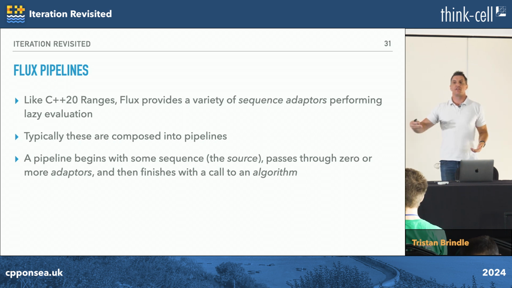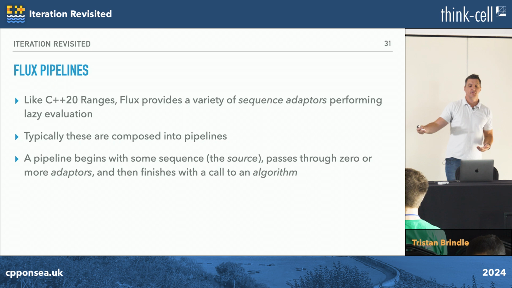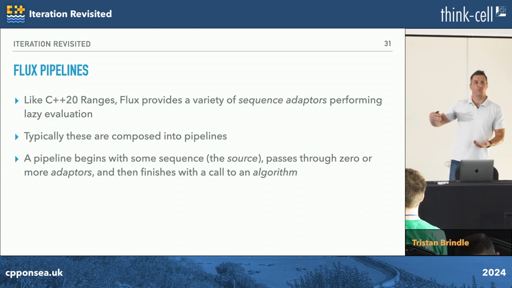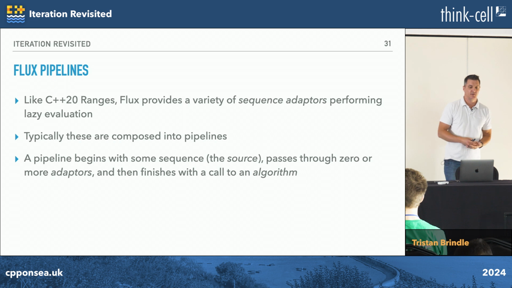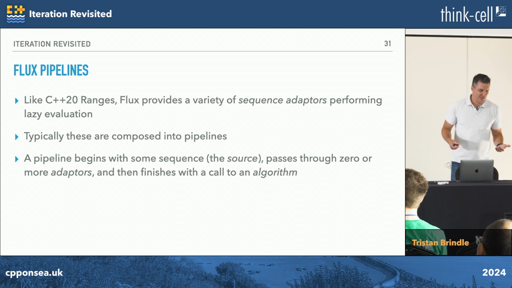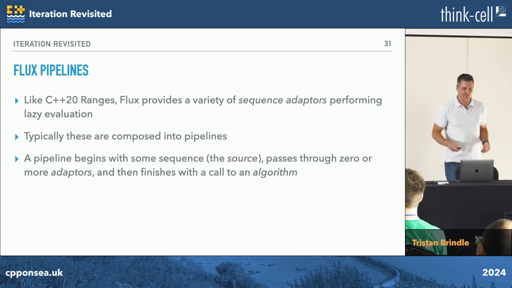It might be an algorithm that you yourself have written. It might be, as we'll see in a minute, an STL algorithm. We have a way you can call STL algorithms with Flux sequences. Or it might even just be a for loop, because a for loop is just an algorithm you haven't given a name to yet. No raw loops, as a wise man once said.